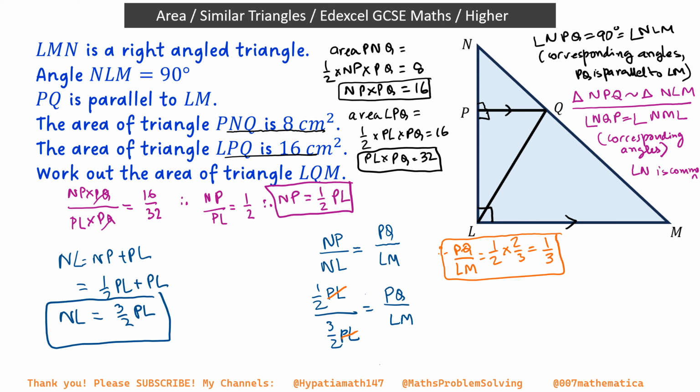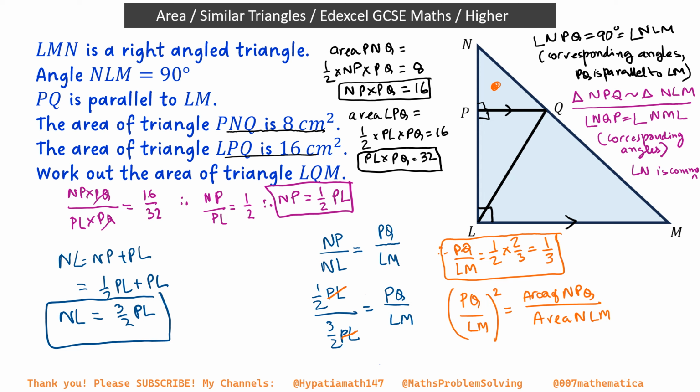PQ and LM are the sides, and I know the area of NPQ, so I can use that to find the area of the entire triangle. PQ out of LM squared is equal to the area of triangle NPQ divided by the area of the large triangle NLM.